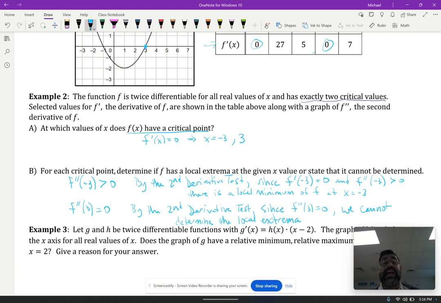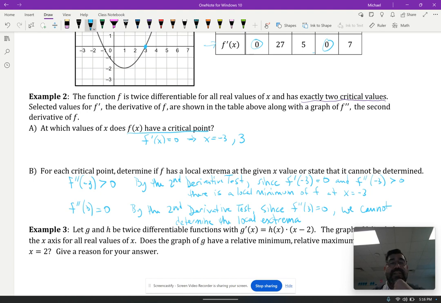Notice the phrasing is not, there is no local extrema. I just can't determine the local extrema because I don't have enough information. The second derivative is equal to zero, that test falls apart, right?